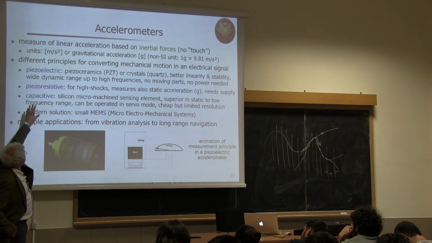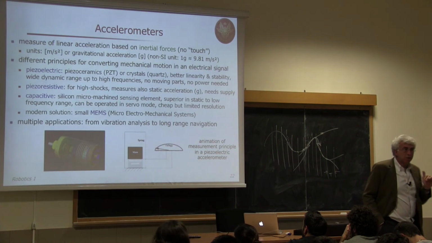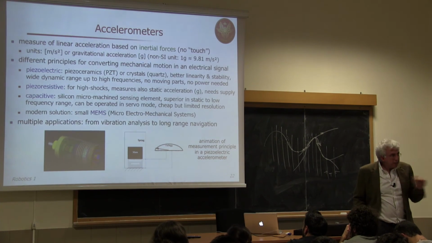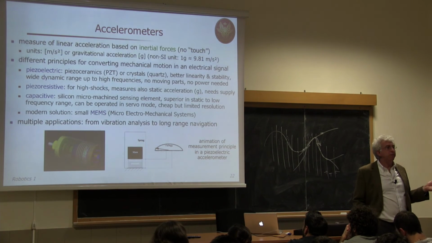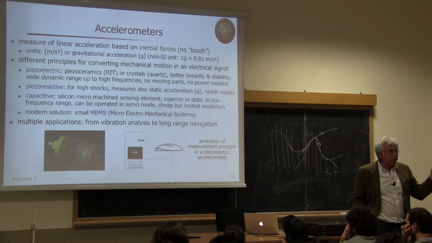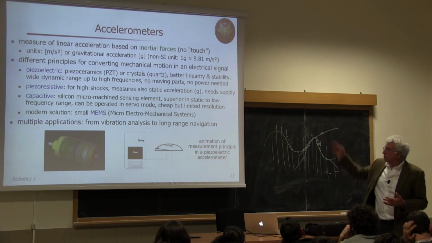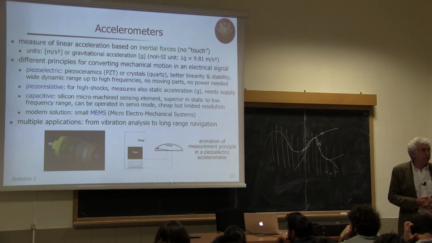The main difference between piezoelectric, piezoresistive and capacitive is that piezoelectric accelerometers are not able to measure acceleration in static condition, so they are not able to measure static acceleration like the gravity field. If you have something that vibrates, so acceleration is changing over time, down to a low frequency, you can still measure it with a piezoelectric accelerometer.